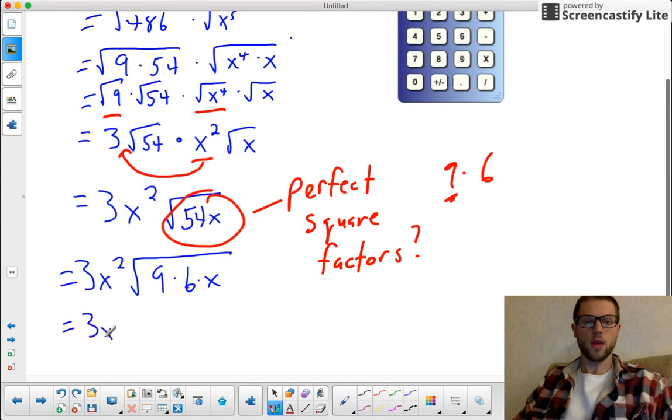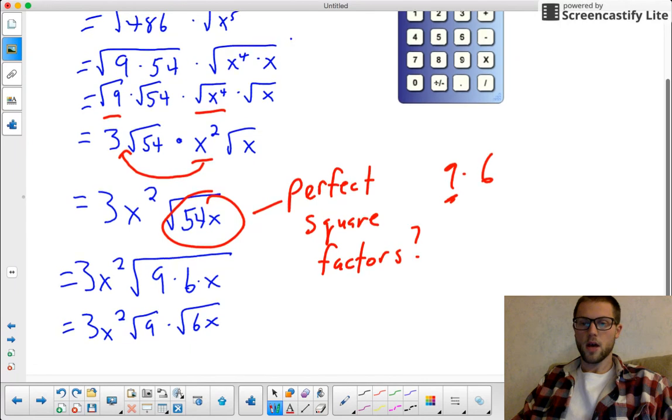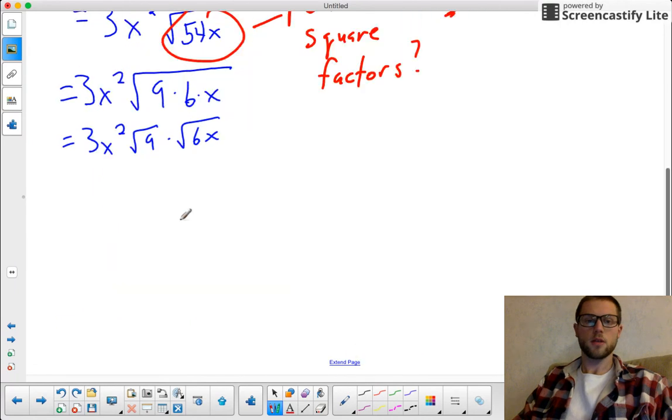So I've got 3x squared times the square root of 9 times the square root of 6x. I know what the square root of 9 is, so I have 3x squared times 3. Remember, all of this is multiplication between every single factor. And then this is times root 6x.